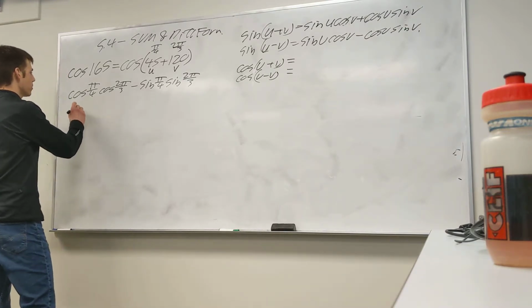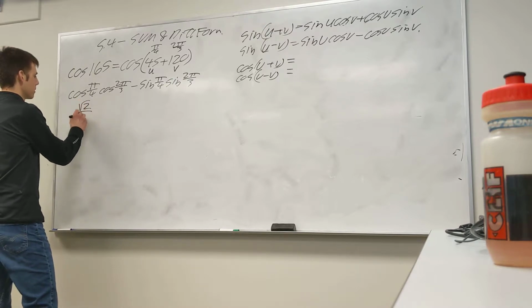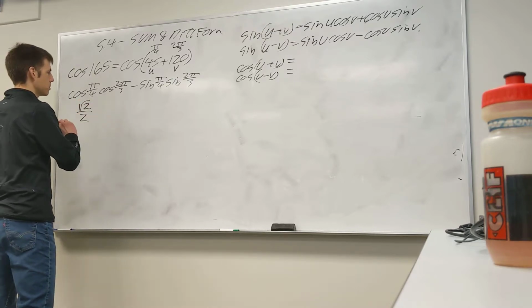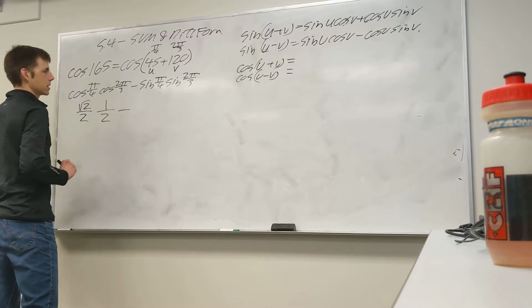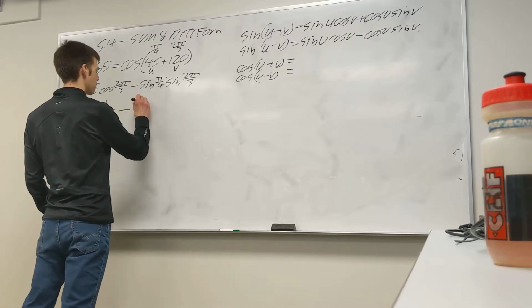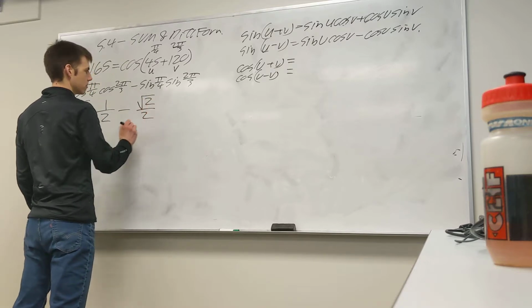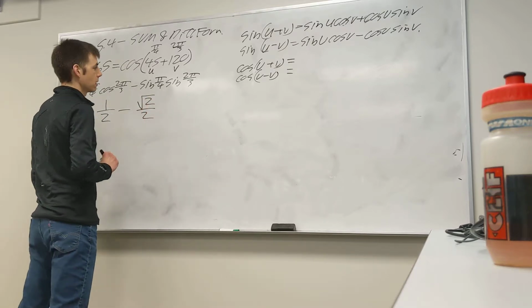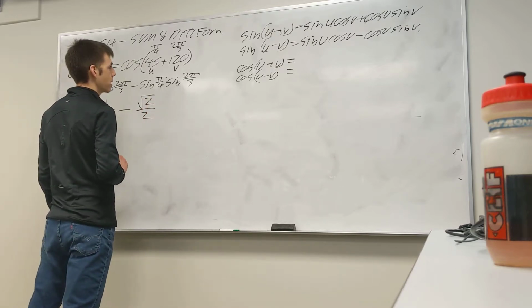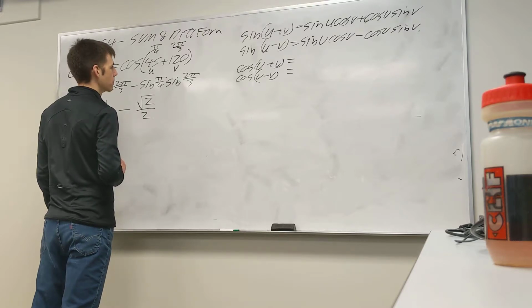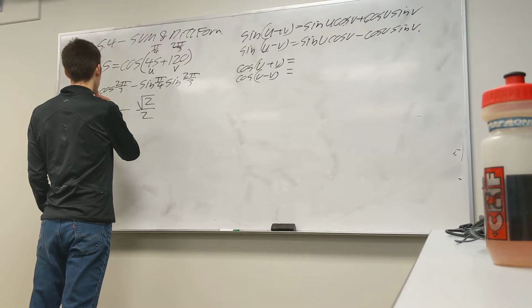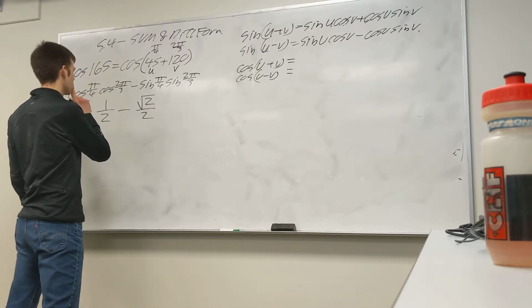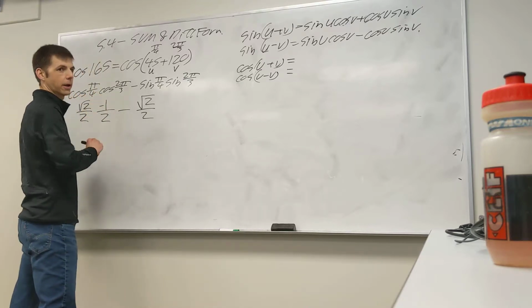What's the cosine of pi over 4? Root 2 over 2. Cosine of 2 pi over 3? Sine of pi over 4? Root 2 over 2, right? Same thing. And the sine of 2 pi over 3? Square root of 3 over 2. Actually, hold on. What's the cosine of 2 pi over 3? Negative 1/2.